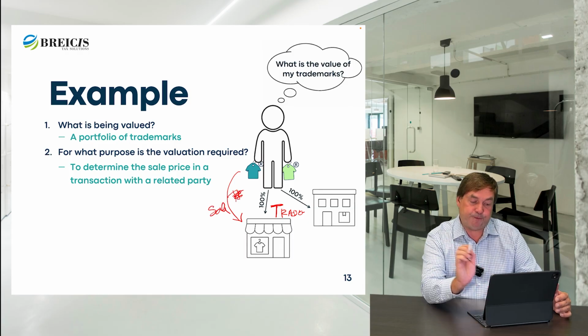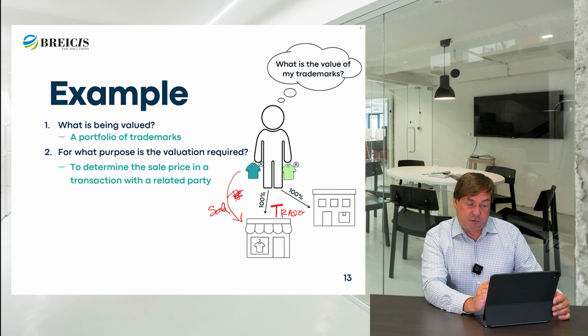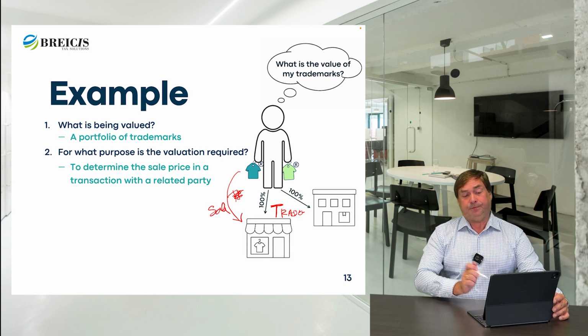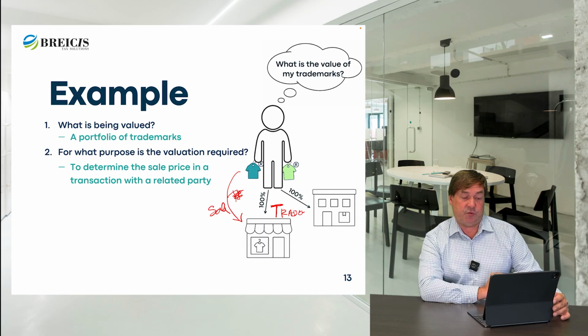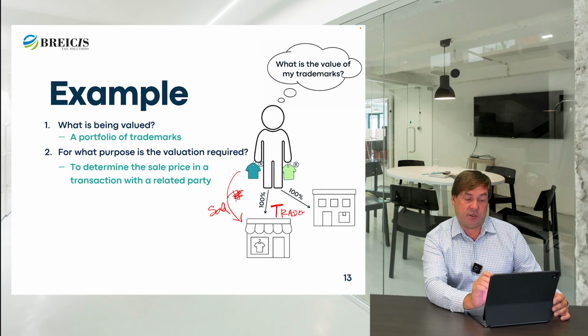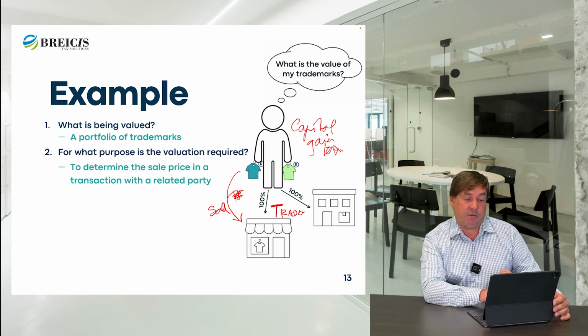Like a sale at cost. That's why this is important, because at the later stage, when the trademarks are becoming worth more than before, the person may have to pay capital gains tax. So it is always recommendable to sell the trademarks at the early stage.